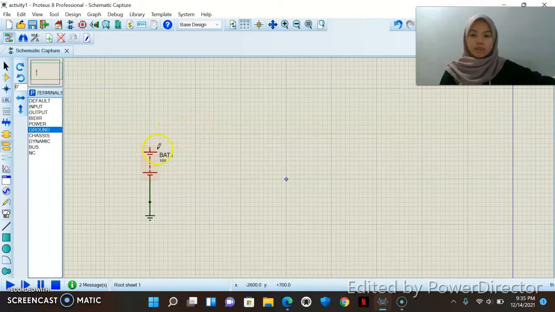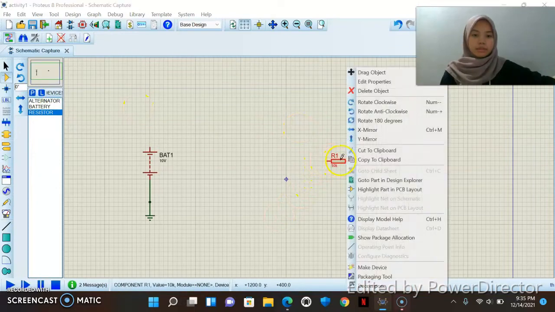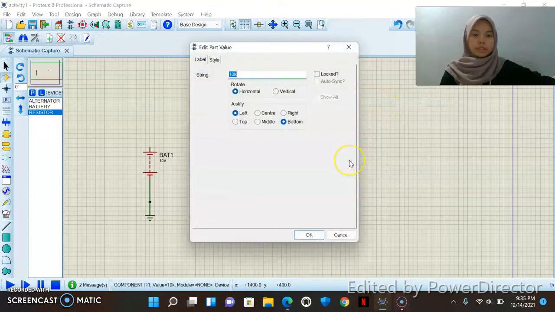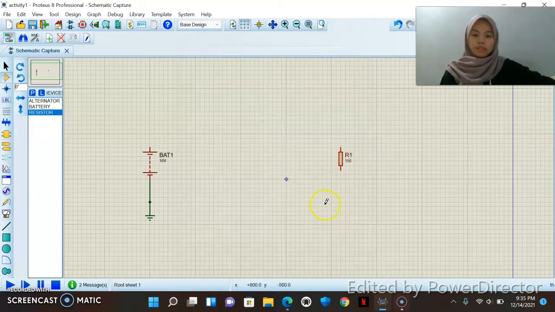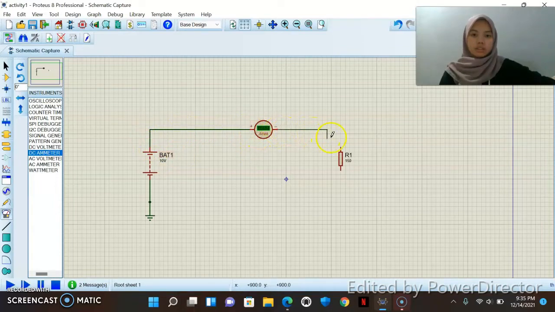First step, we need to find the current before the load and after the load. So we need one resistor here. I choose 150 ohm as the example for this demonstration, and choose a DC ammeter to measure the DC current. Connect it to the DC source and load.